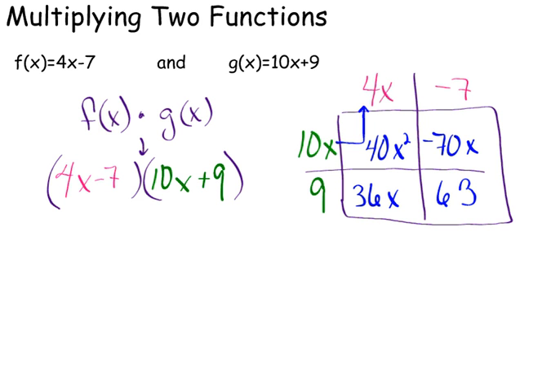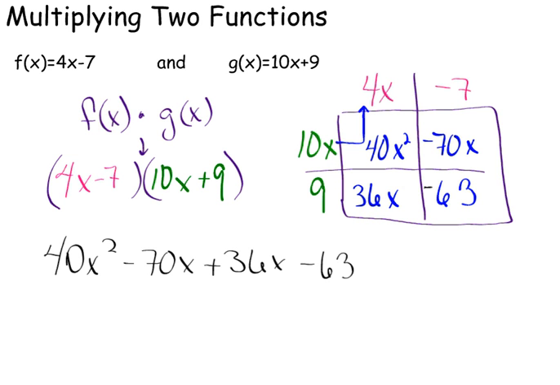Now, I'm going to go ahead and write down all those lovely terms. I have 40x squared minus 70x plus 36x, excuse me, that should be minus 63. I'm going to combine like terms.